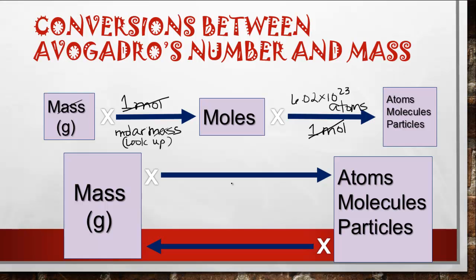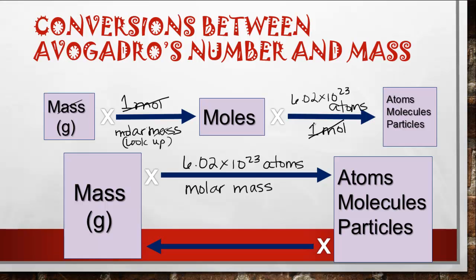So if this is our from, we're going to put the molar mass on bottom. This is our to. We're going to use Avogadro's number on top. Now the reason, again, we can shorten this and we don't have to do the two-step through the moles is because this relationship is the same, or they're both related to the same number.